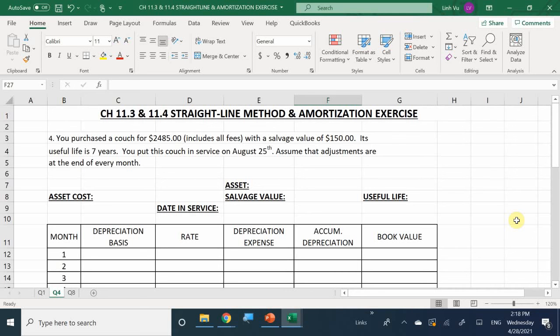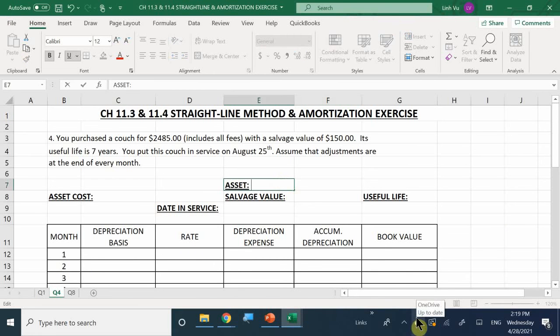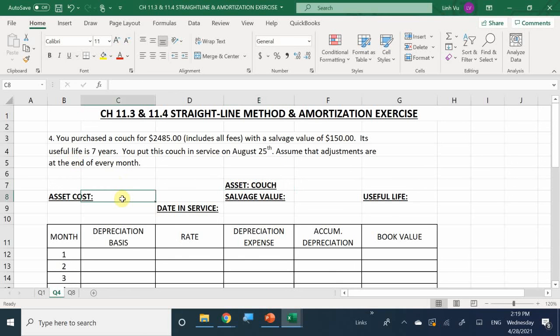Now in this case, I am going to place this in service as of August 25th. Assume that the adjustments are made every single month. So let's go ahead and take a look at this. Assets. What did I buy? Couch. You bought a couch. What was the cost of the couch? $2,485.